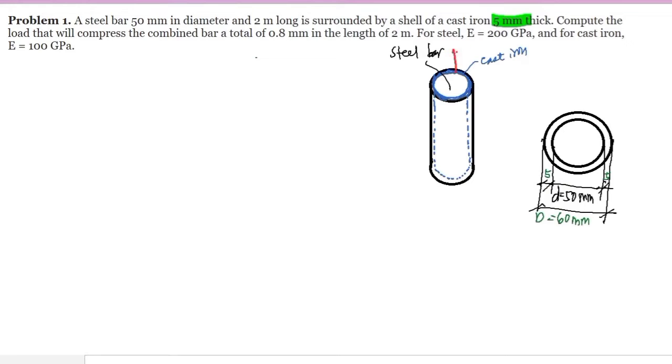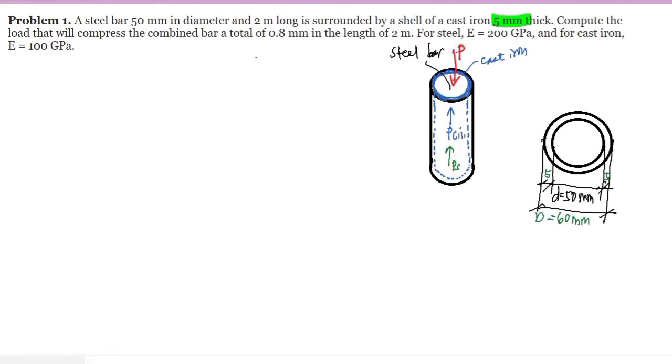So here we have the load P, and this load will be resisted by the force exerted by the cast iron, and of course the force resisted by the steel bar.